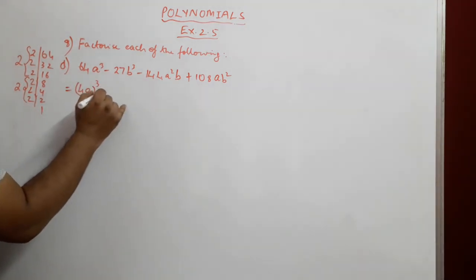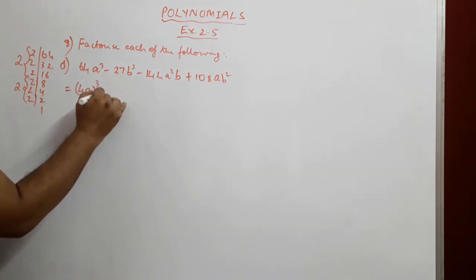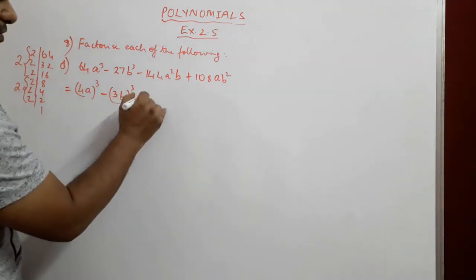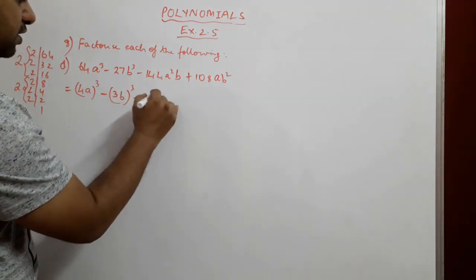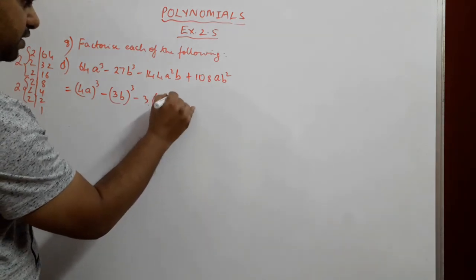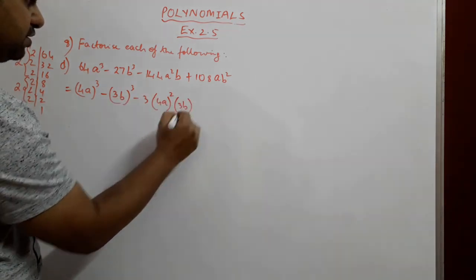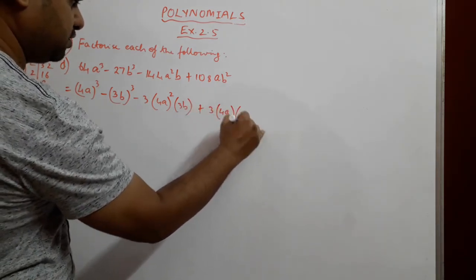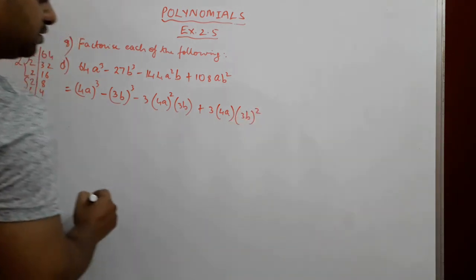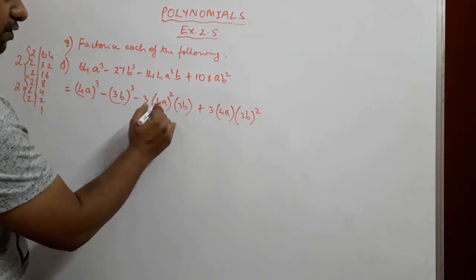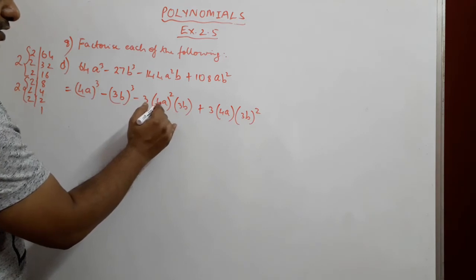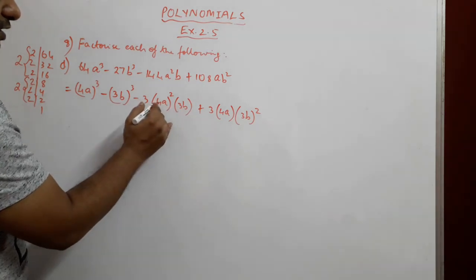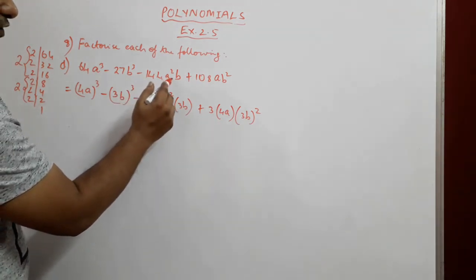And then you have 27b cube, which we have just done. So you can put this as minus 3b whole cube, and this will be 3a square b. So 3 into a square b is 3b, plus 3ab square. So over here, if you multiply 4a square gives you 16a square. 16a square into 3 into 3 is 9. 9 into 16 will give you 144a square b.